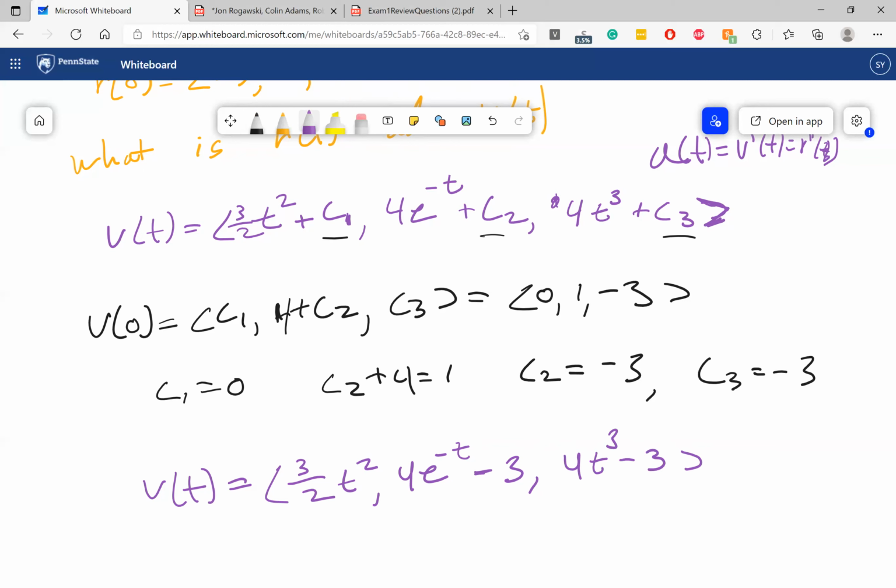Any questions? Okay, and you can try to do the position yourselves. That's taking the antiderivative of the velocity to get the position vector. So for the last 10 minutes, I want to start going over some of the review problems, unless there are any questions about this.